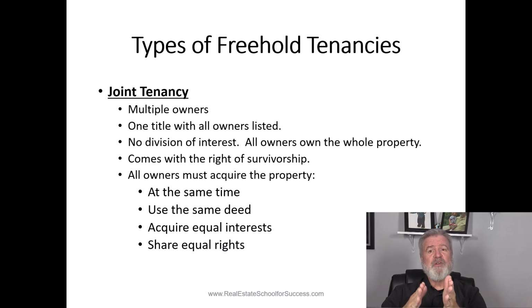But because I was partitioned out, I now have my own title, just my name. That makes me a tenant in common. Because we're still multiple owners, but I'm now a tenant in common, owning 1/3 interest. Now I can sell my interest or whatever it is I want to do with it. Okay? So hopefully that makes sense.